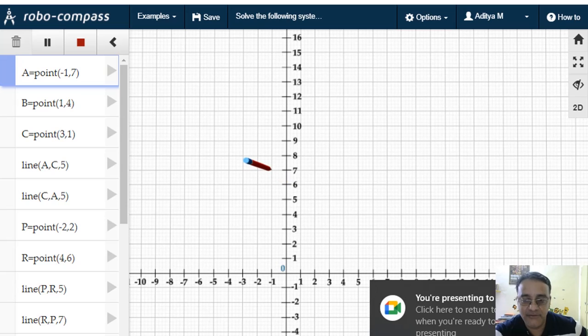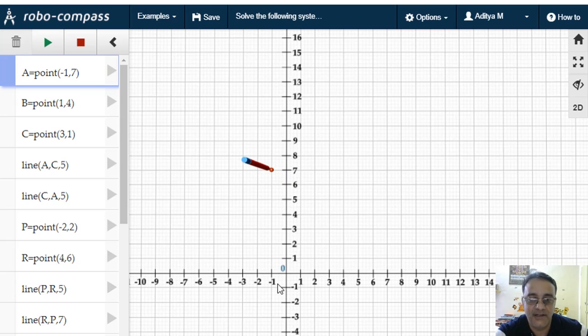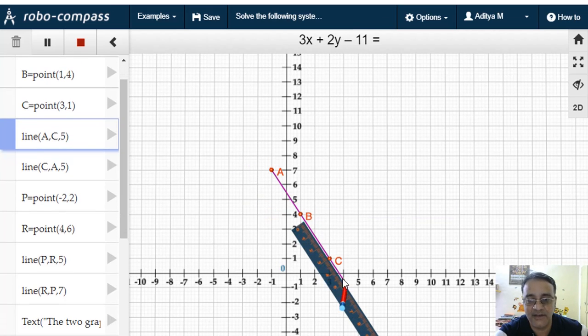So सबसे पहले फर्स्ट पॉइंट, that is -1, 7. Okay, second point 1, 4, and the third point is 3, 1, and we are going to draw the line.